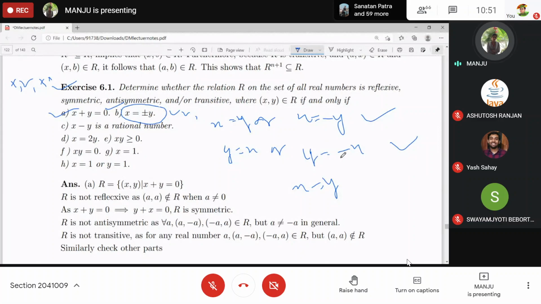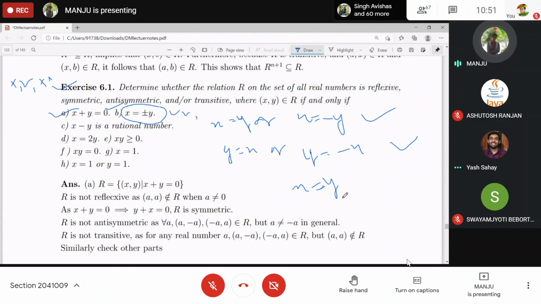From here to here, this is coming as x is equal to y, right? So any of these four satisfying this, right? Clear? So is it antisymmetric? Antisymmetric or not? Yes, just say antisymmetric.